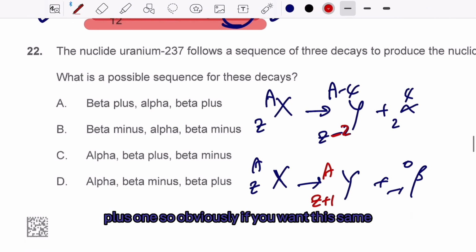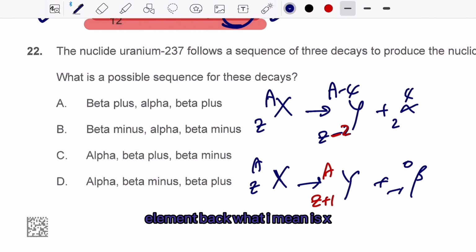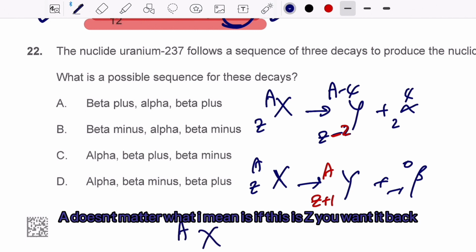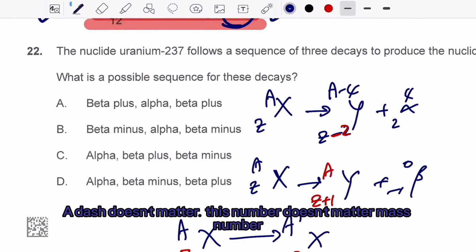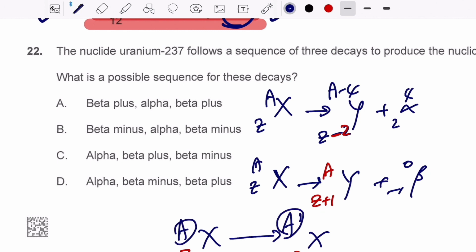So obviously if you want this same element back, what I mean is X, A doesn't matter. If this is Z, you want X back, you need Z back, but A plus 2, A dash doesn't matter, this mass number. How to do this one?